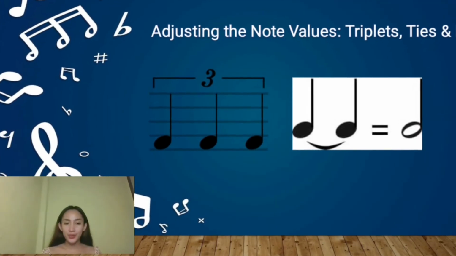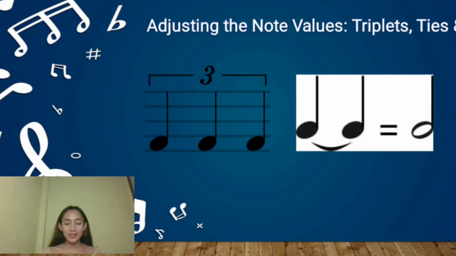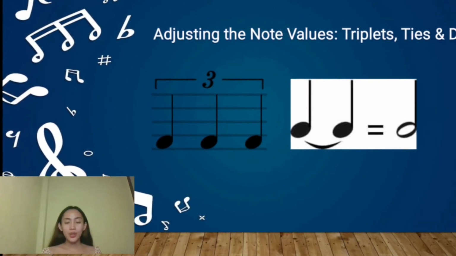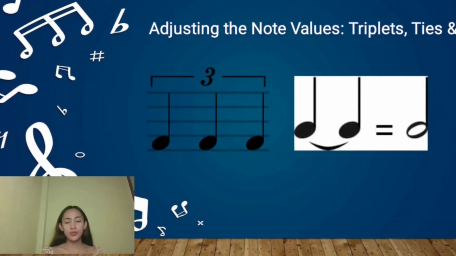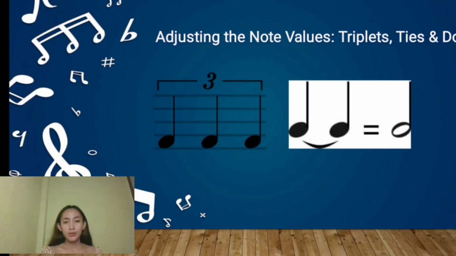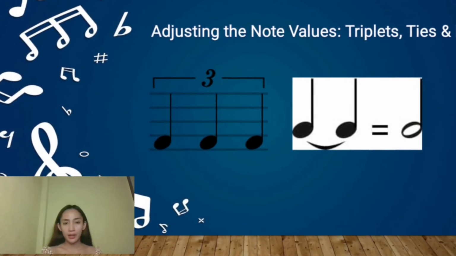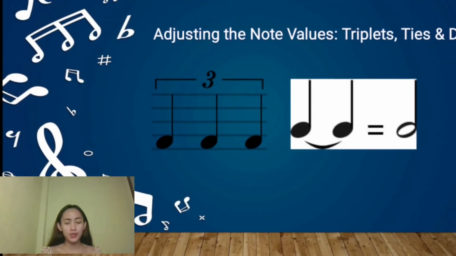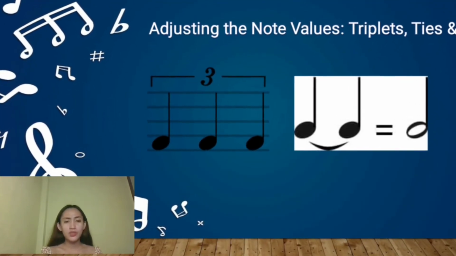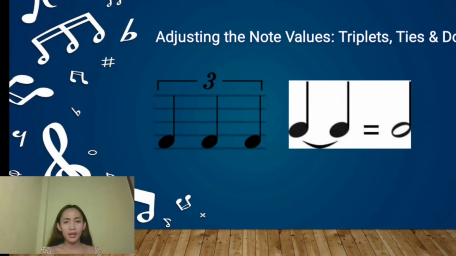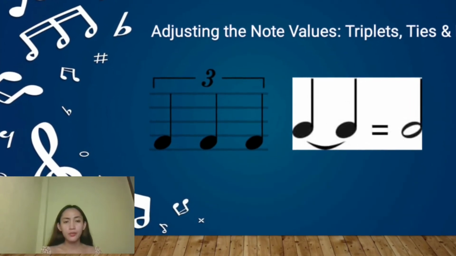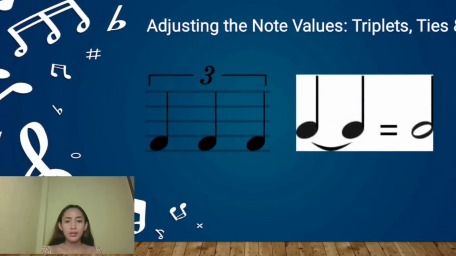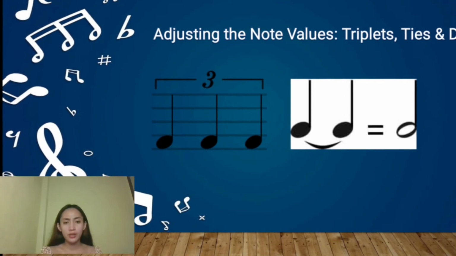Adjusting the note values: triplets, ties, and dots. You can combine the basic notes, values, and rests into rhythms in any way you like. But there are more interesting notes to spice up the music with. Some of the most common are triplets, ties, and dotted notes. First one is triplets, 3 notes grouped together.